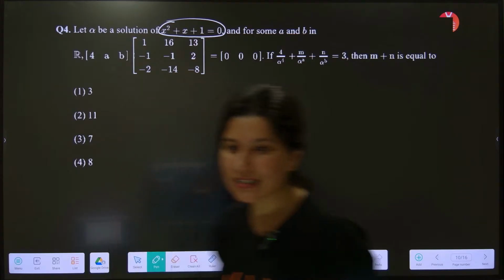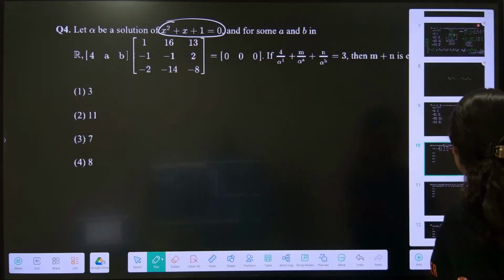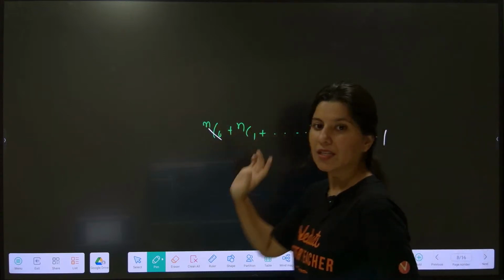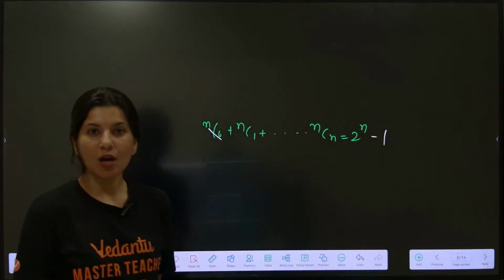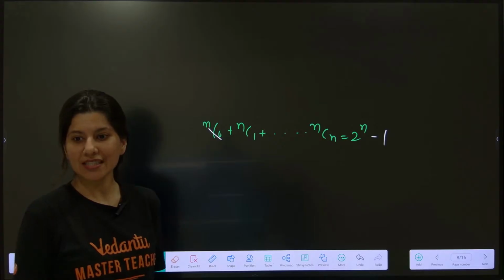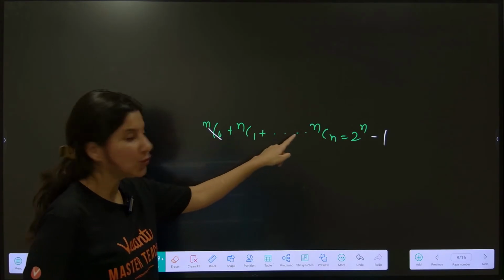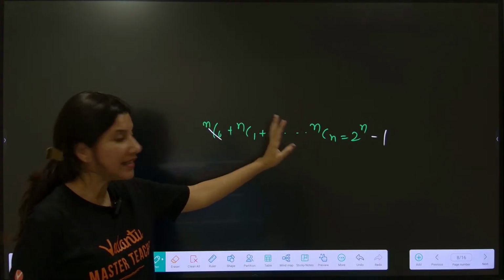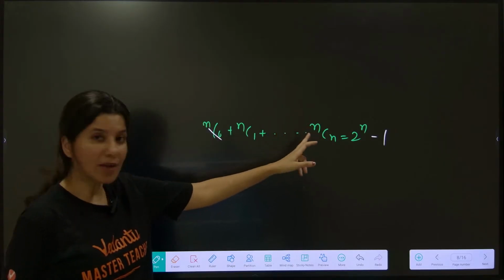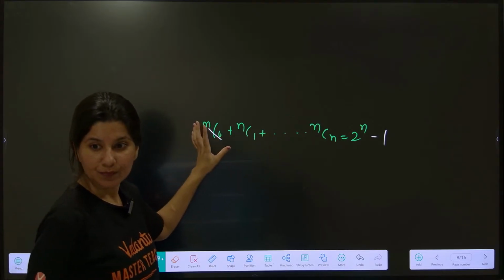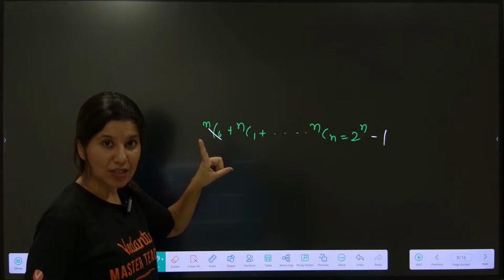How does 2 power 8 come? Ajay, you don't know this thing? The property of binomial theorem, or permutation and combination, we study. NC0 plus NC1 plus NC2 plus NC3 all the way up to NCN is nothing but 2 power n. Now, NC0 is just 1.